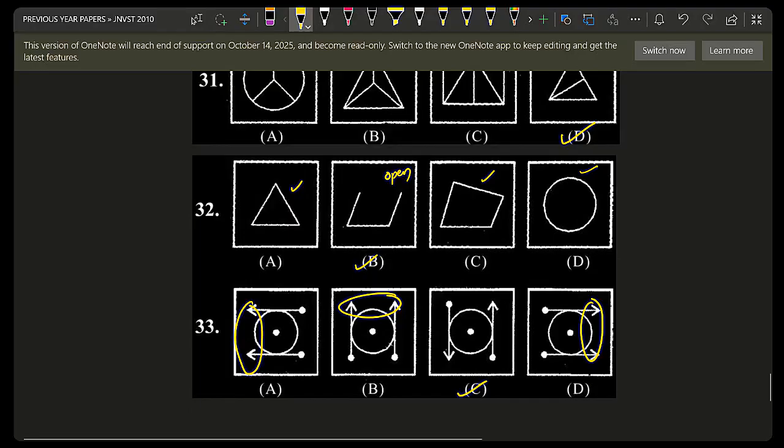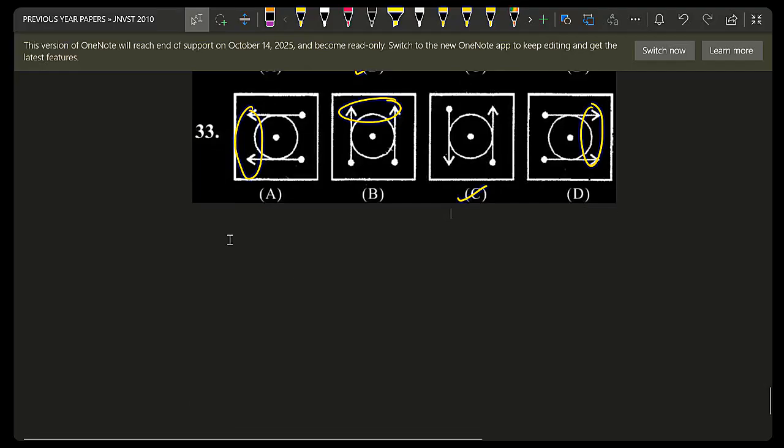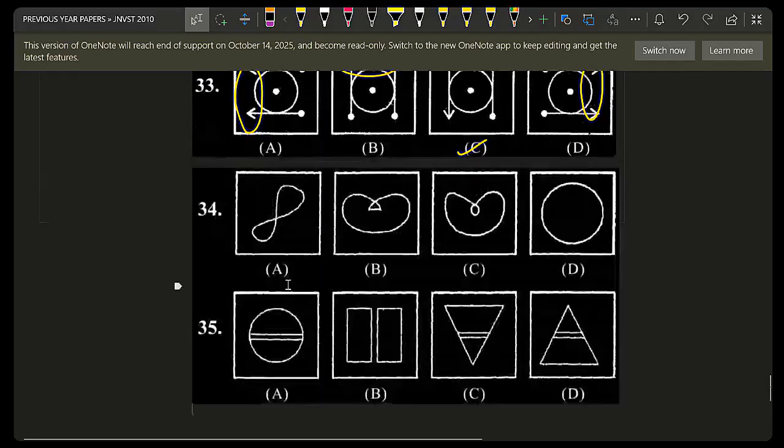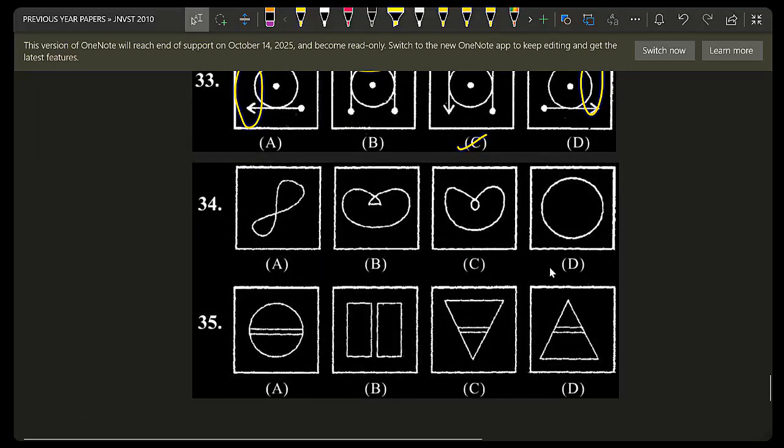So 34. Except figure D, in all other figures the design has an intersection of two curves, but figure D is a perfect circle.